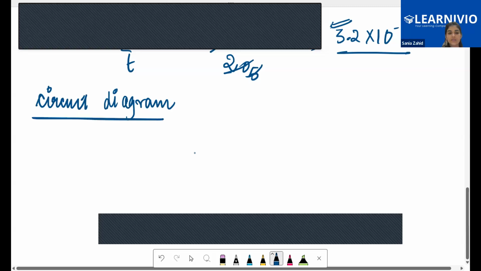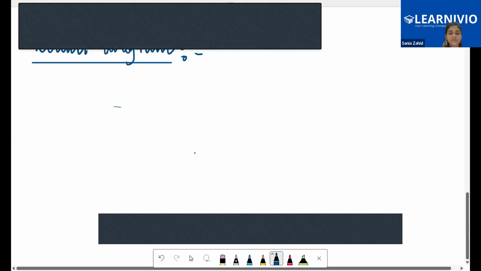Now what is a circuit diagram? Basically, if you have, this is a bulb.